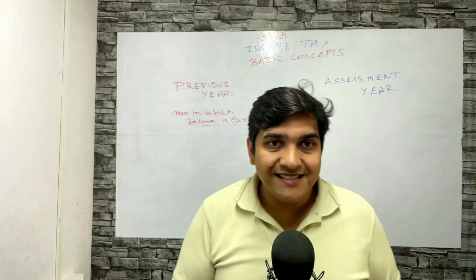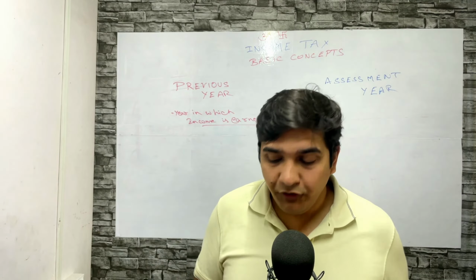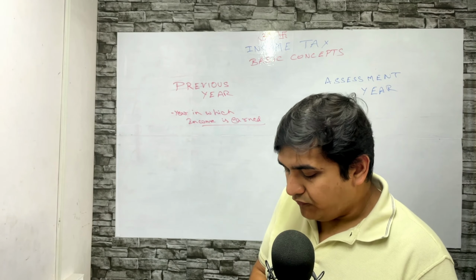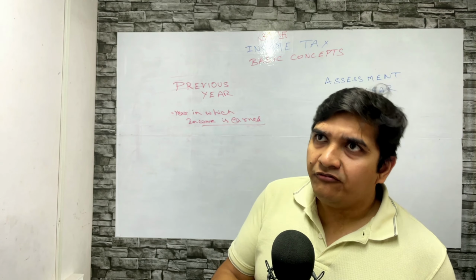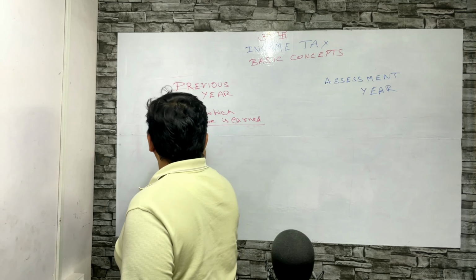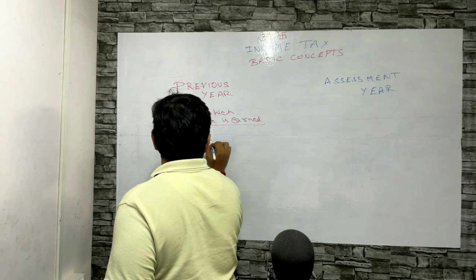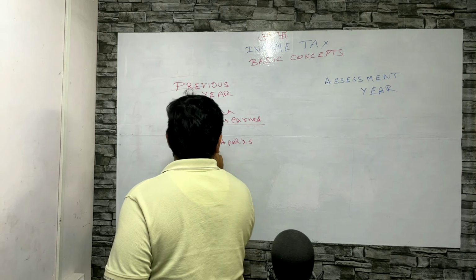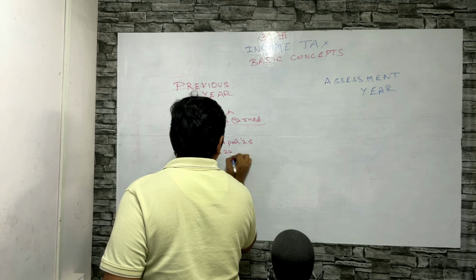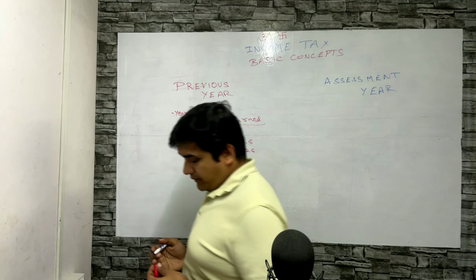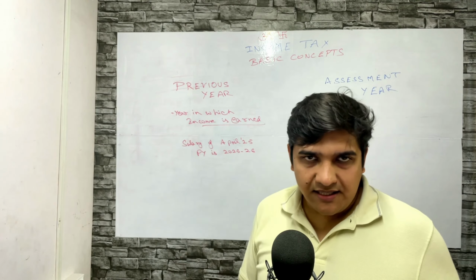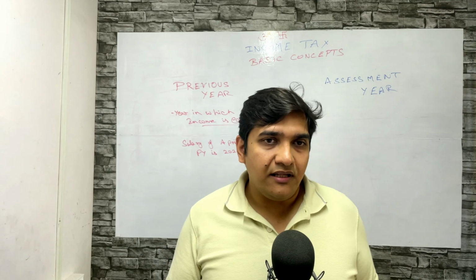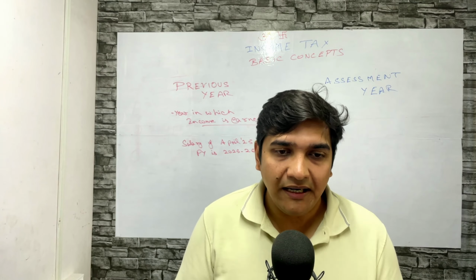The previous year is the year in which income is earned. Say, for example, let's say you are working in a company and you earn salary, right? So for the month of April 2025, let's say. So to give an example, any salary you would have earned in the month of April 25, the previous year for that would be financial year 2025 to 2026.